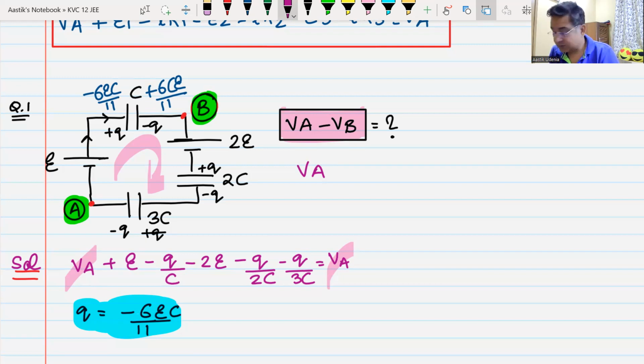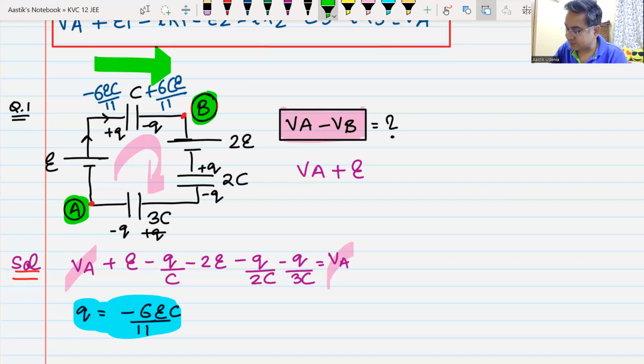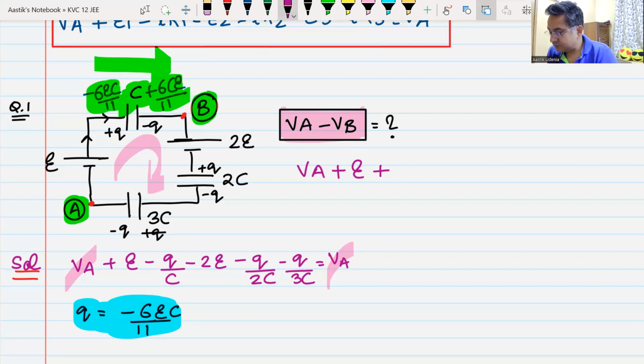So, plus, no, VA plus E minus Q by C. I'm moving like this across this capacitor, plus Q by C. How much is Q? Minus 6EC by 11.